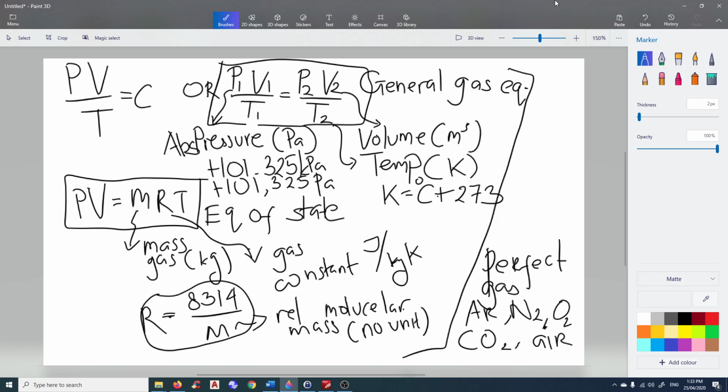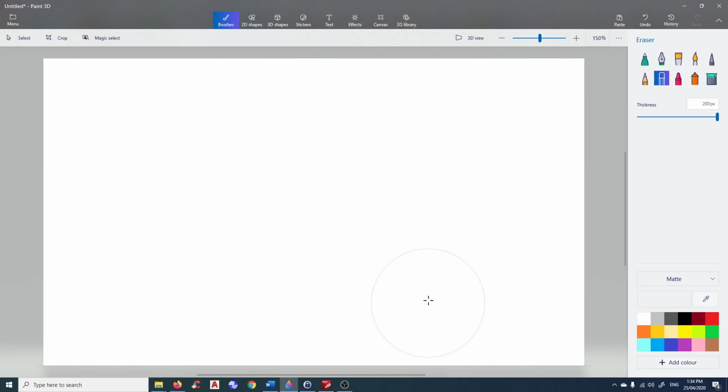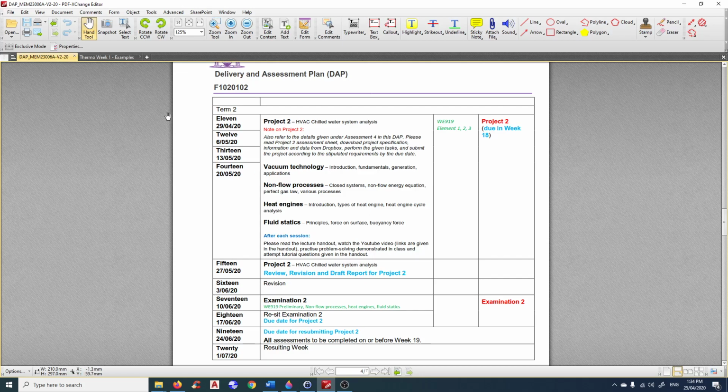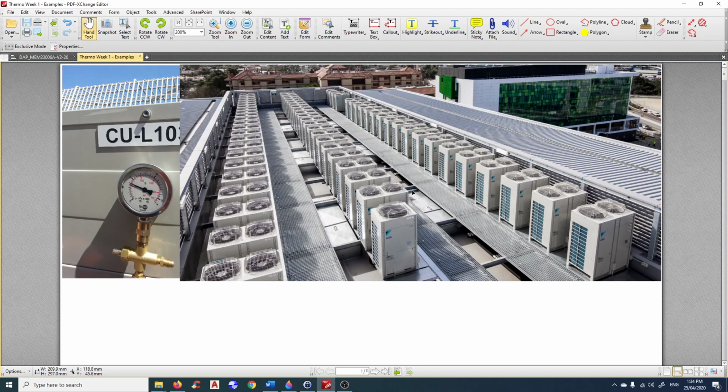Now, how is this relevant to HVAC? If you look at this picture here, this is the project at SMWC where I was the project designer or project engineer for this particular site, St. John of God, Murdoch.